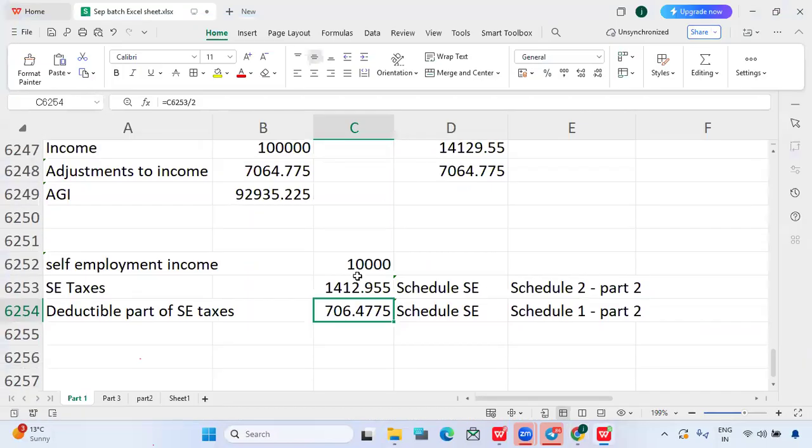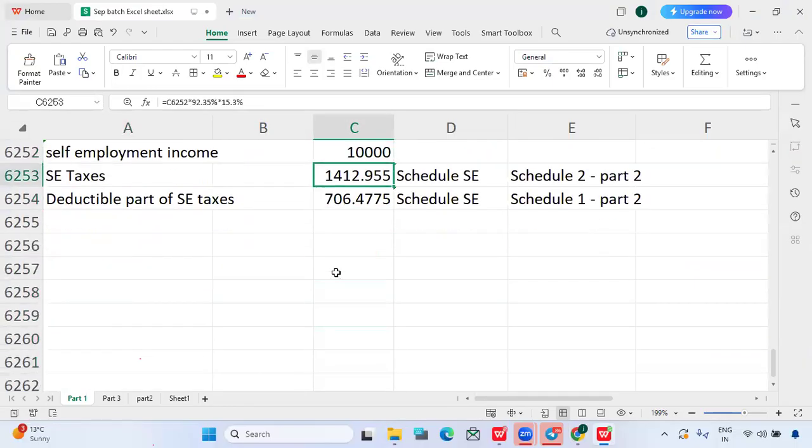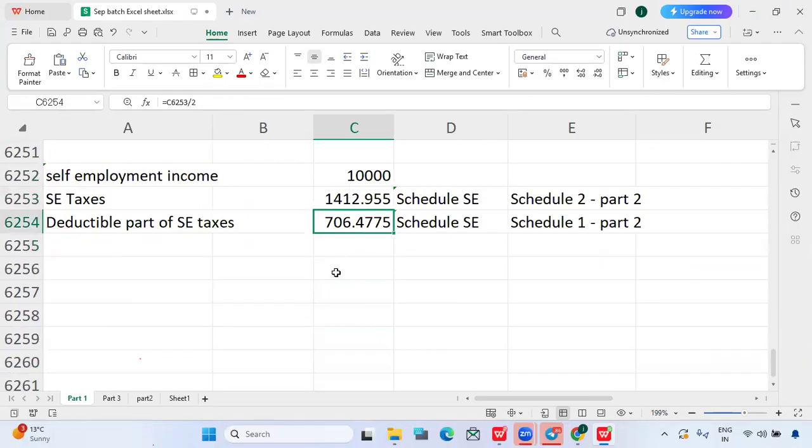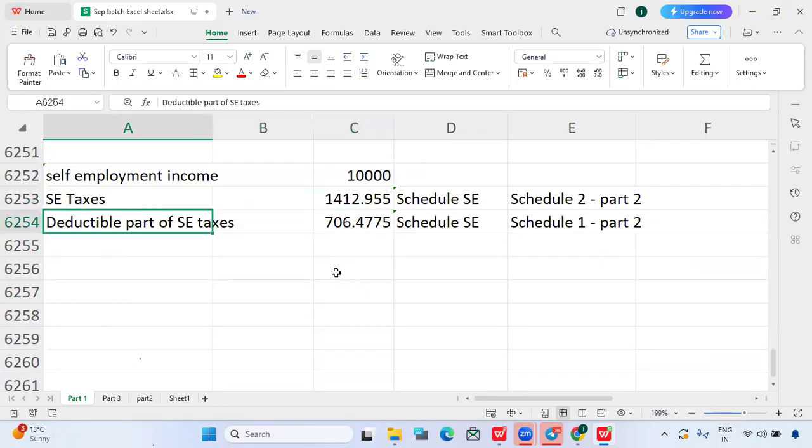So now we have income of $10,000. On this, how much have we claimed as deduction? Self-employment income 10,000, deduction 706.